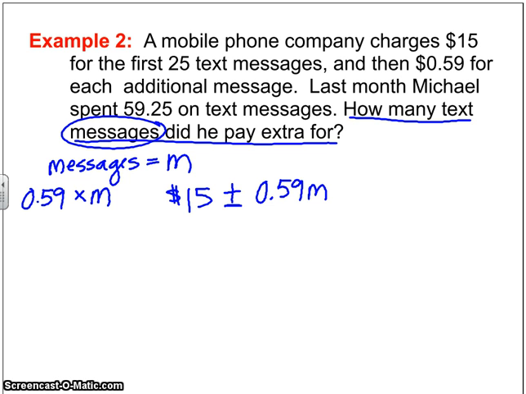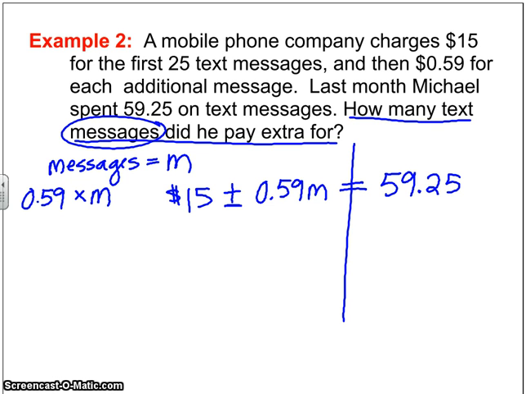We know Michael spent a total of $59.25. So let's go and see how many text messages, additional text messages above the 25 that he actually sent.